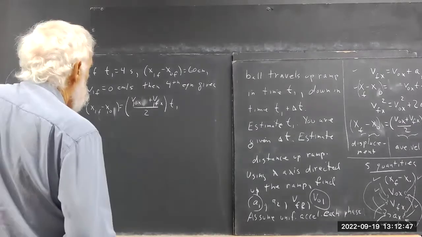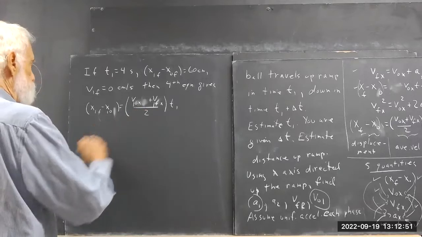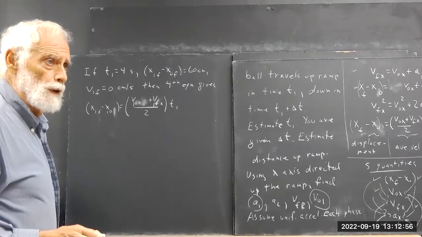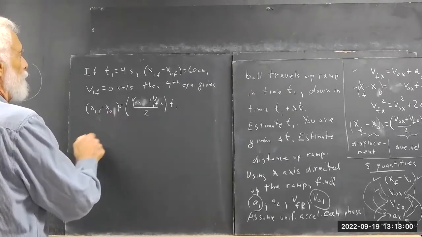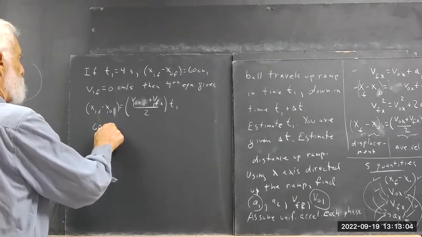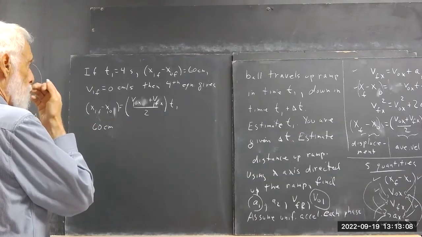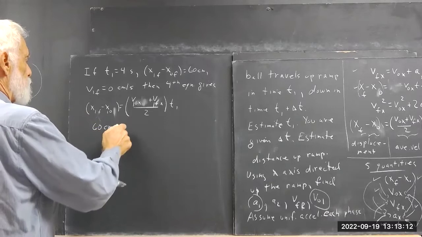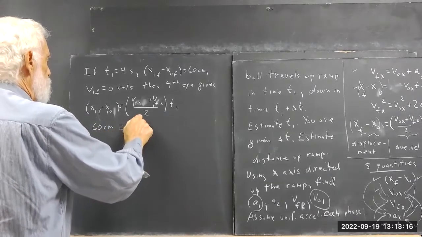So I'm going to replace these things by their quantities. Now, that's not actually the way you often want to do these, but I'm going to do it anyway. So if this is 60 centimeters, that's going to give you 60 centimeters equals what?